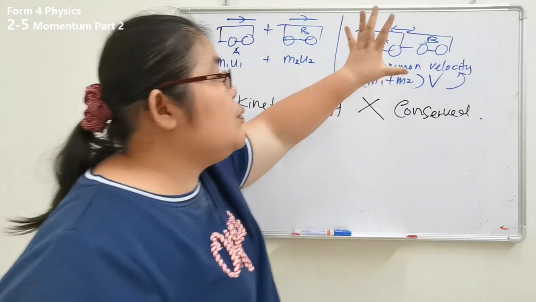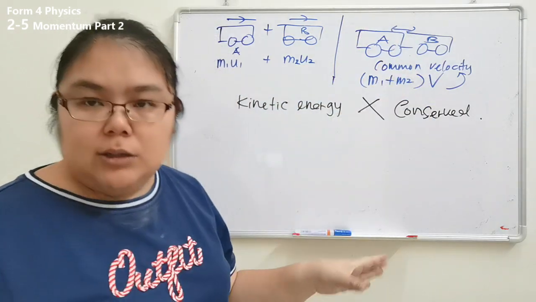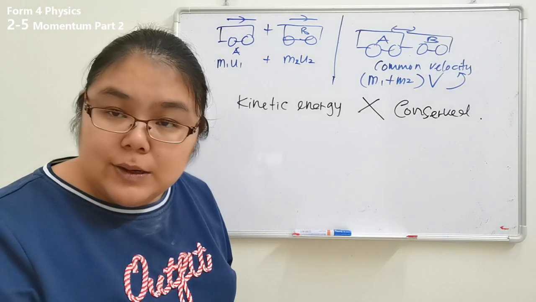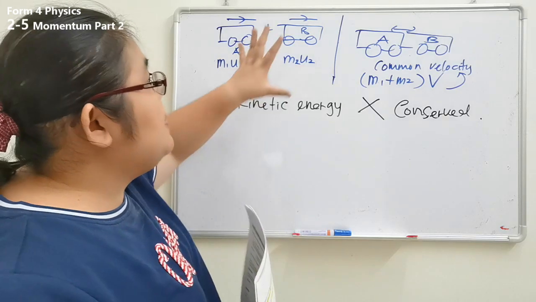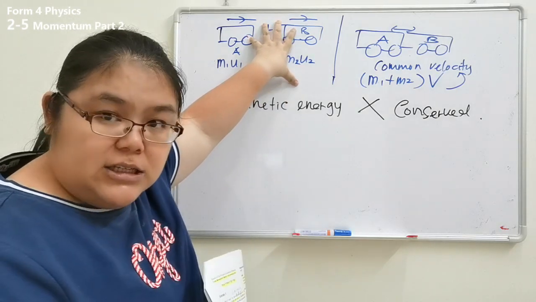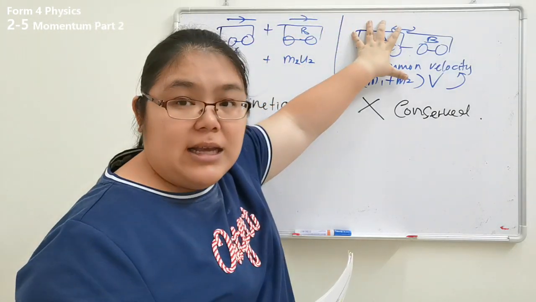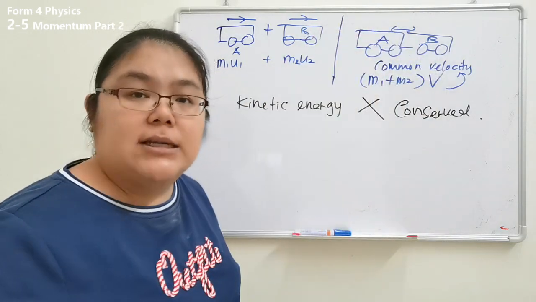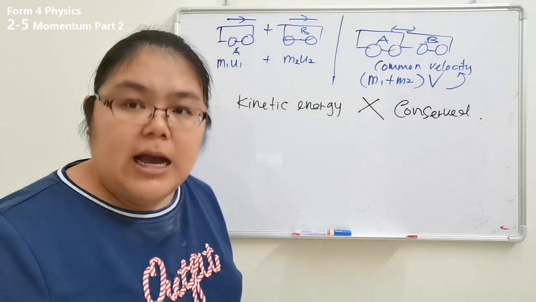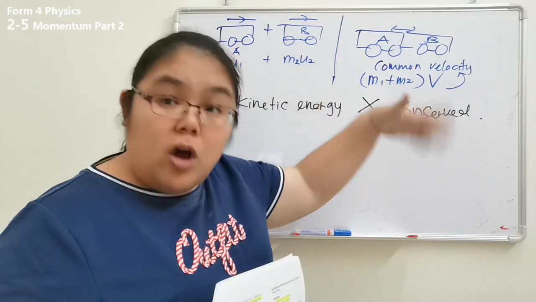So this one kinetic energy sure becomes less. Become less, the meaning is lost. When starting maybe it's 30 energy, after this kinetic energy is just 20 only. Where's the 10? 10 is lost already, as heat energy, as sound energy. So that one is lost energy.